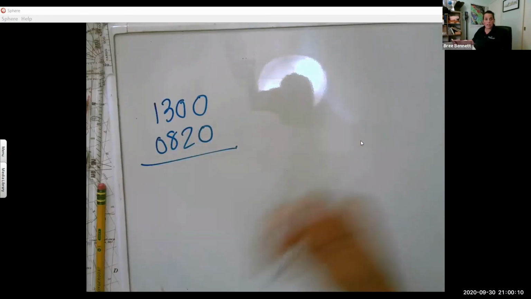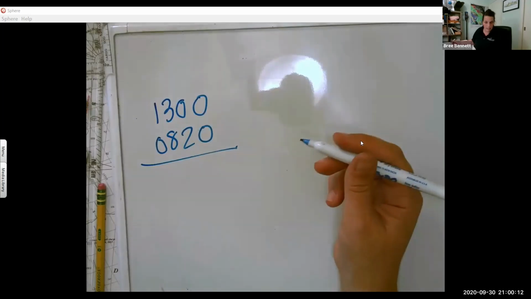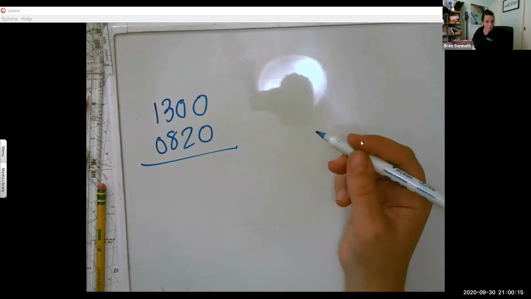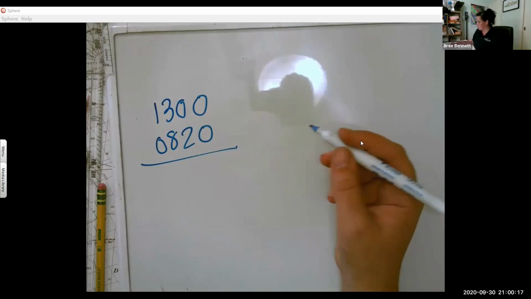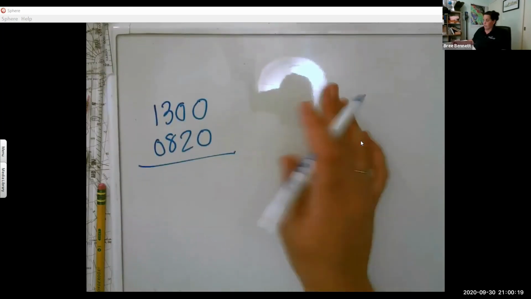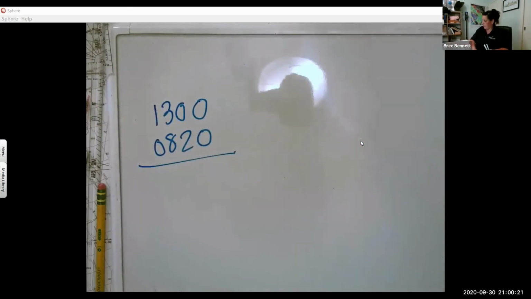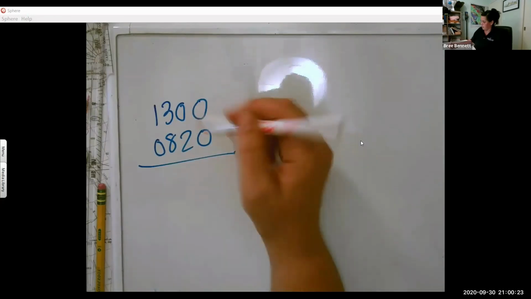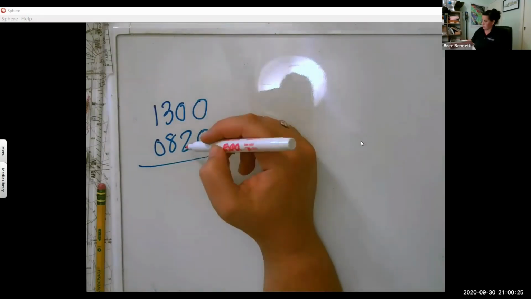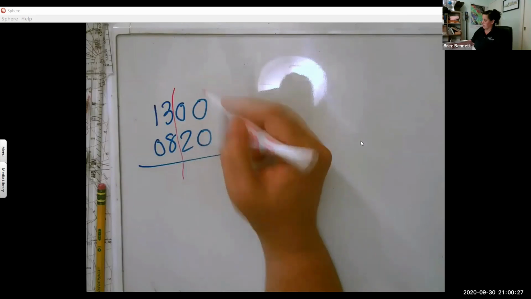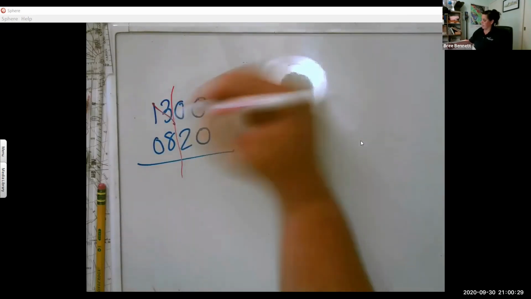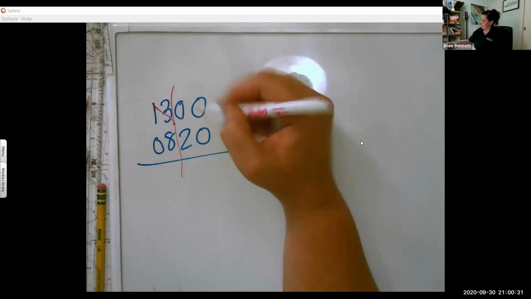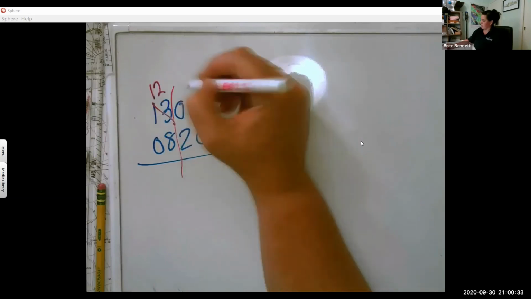That's including our little fishing lunch photo op at Buzzard's Light. So we have 1300, which was our arrival minus our departure. We start with the minute side. We can't do 0 from 20, so we borrow.